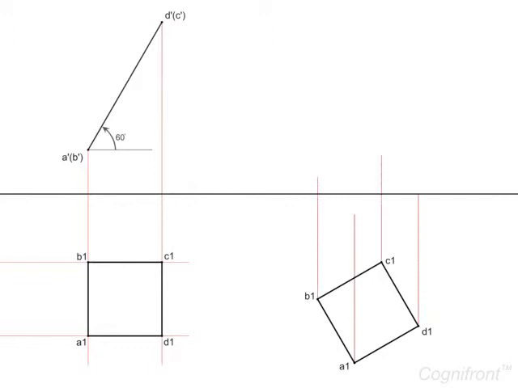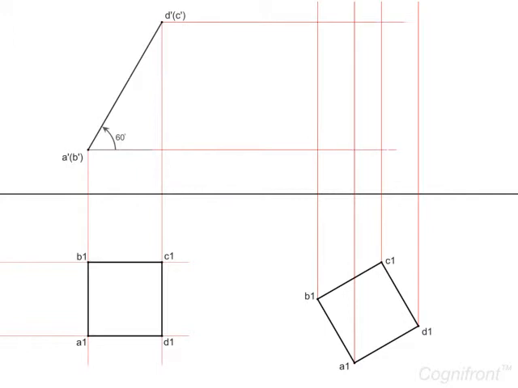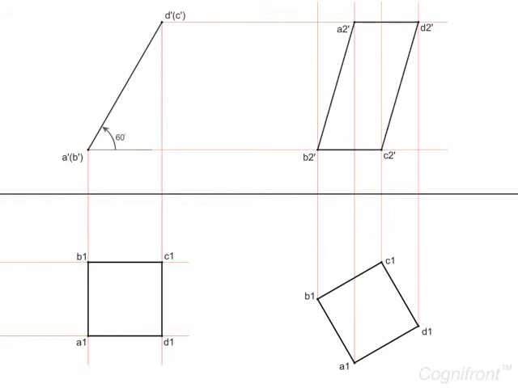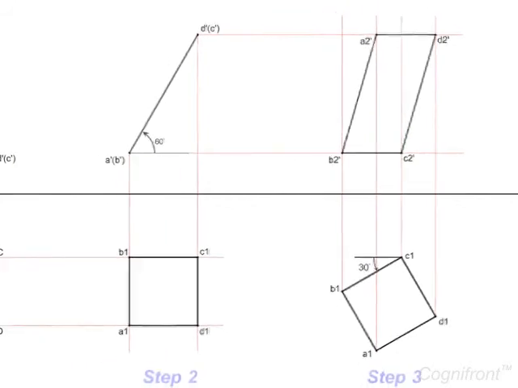Draw projections from A1, B1, C1 and D1 to intersect the horizontal projections from D', C' and A', B' to get the points A2', B2', C2' and D2'. Observe, A2', B2', C2', D2' is the final front view of the given plane surface when inclined 30 degrees with the VP. And that's it.